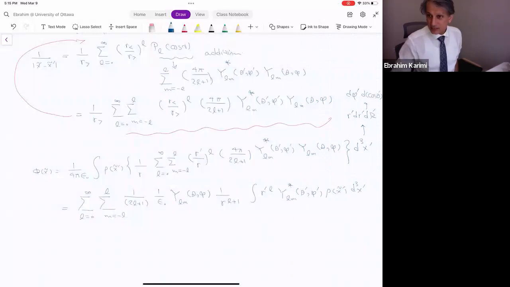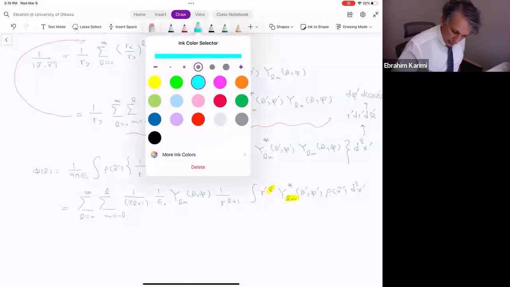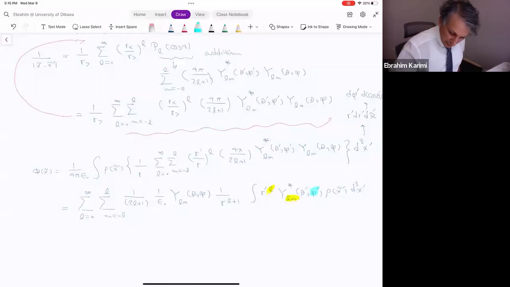All right, I cannot take the integral out of this summation. Remember, because that depends on L and M. Remember, the dependence on theta prime and phi prime is here with R prime as well. The rest are independent of R prime, theta prime, and phi prime.